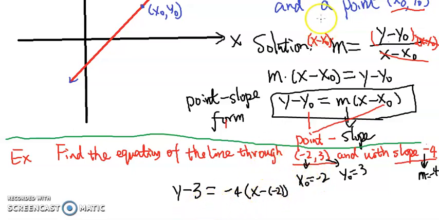If you want to simplify it a little bit, we can do keep change change to get x plus 2. So it will look a little easier without two pairs of parentheses. So we get y minus 3 on the left equals -4 times x plus 2. So that is the equation.